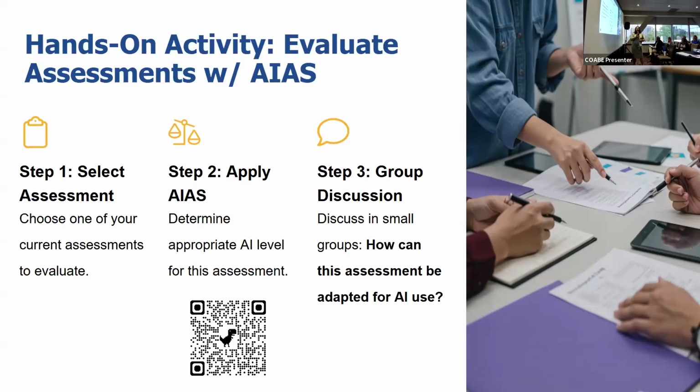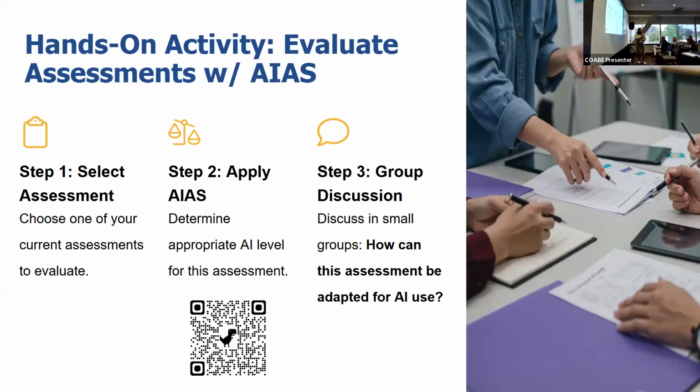Okay. And then last, discuss in small groups, so the people next to you, and answer the question, how can this assessment be adapted for AI use? If you haven't considered it for this particular assessment. Okay. So if you have a favorite essay prompt, where does it fall in the AI level scale?